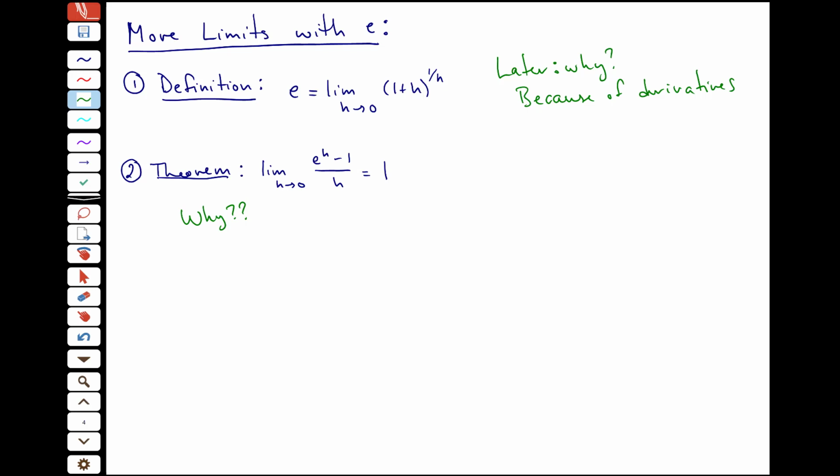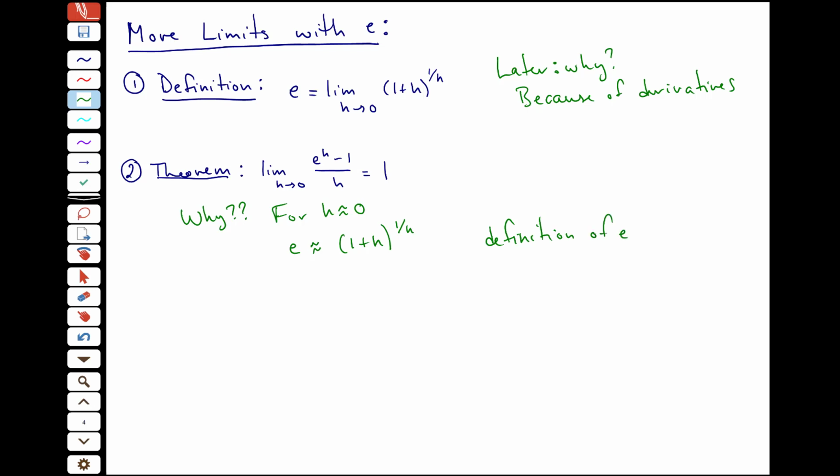But what we do is we think that when h is very, very close to 0, we look at the definition of e, and we say, okay, well, for h very close to 0, e is approximately 1 plus h to the 1 over h, and this is the definition of e. That's that definition up there.